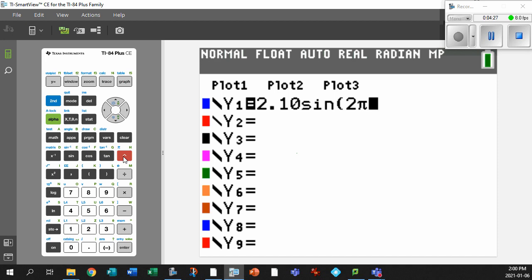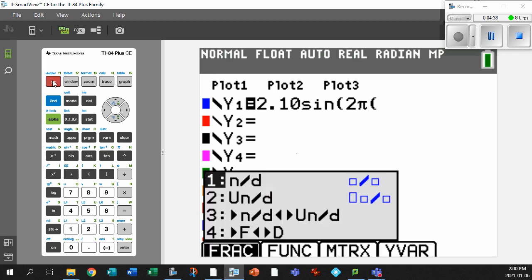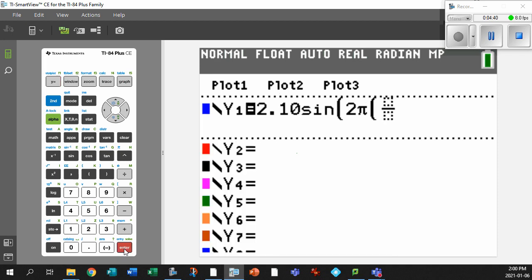Why don't we just put in the fraction right now? I like to keep this fraction isolated, so I'm going to put it in a bracket. Now I'm going to put my fraction in. Alpha fraction, beautiful. There's my x because I don't have t. So x minus 3.25. On the bottom here, I'm going to put my 12.40. Now, get out of this. Put a bracket around that.